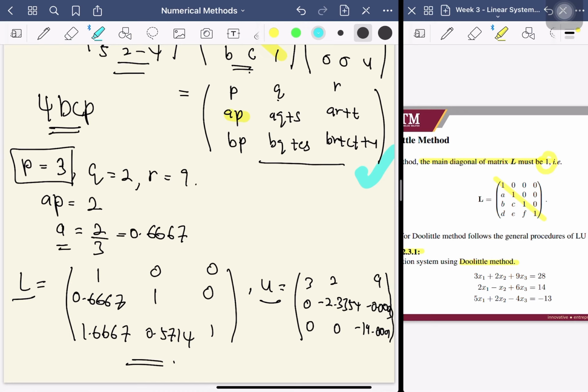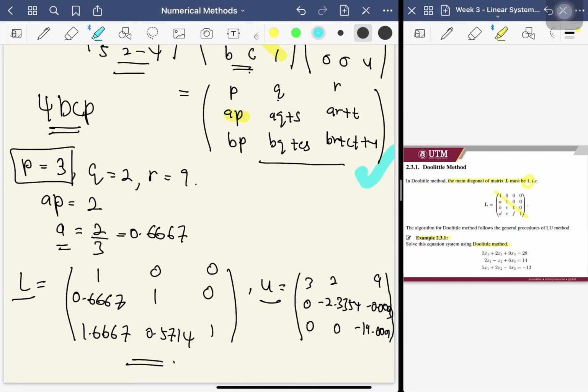So be careful. When we calculate in 4 decimal points, make sure that you maintain those 4 decimal points from the beginning until the end to avoid any errors.